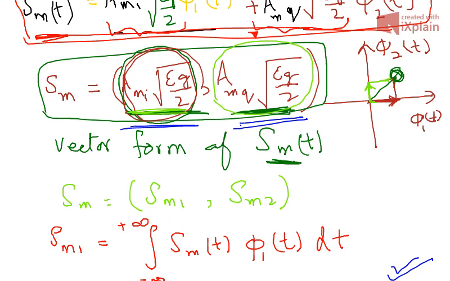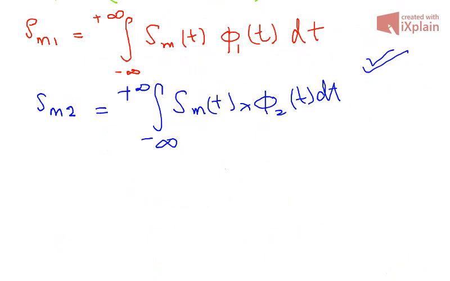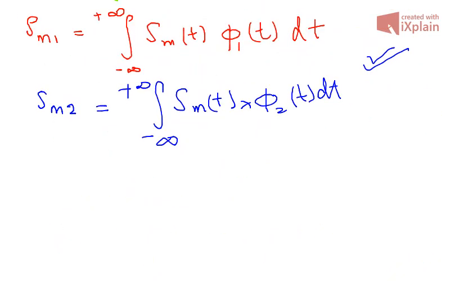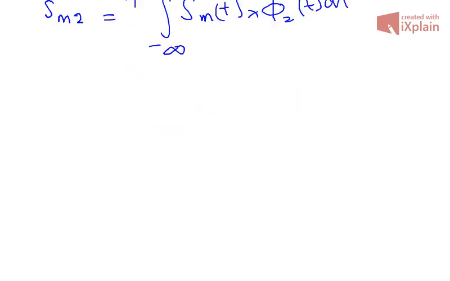Now, once you know these coordinates, we can easily find the energy of the signal. You are familiar that your Sm is Sm1 and Sm2.